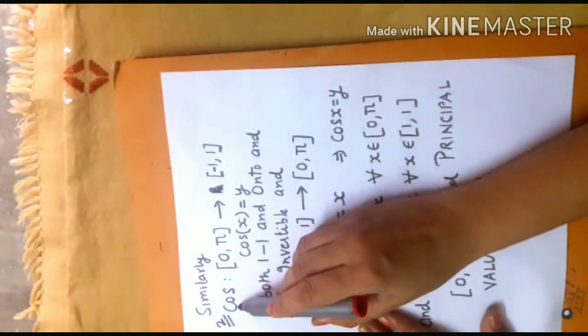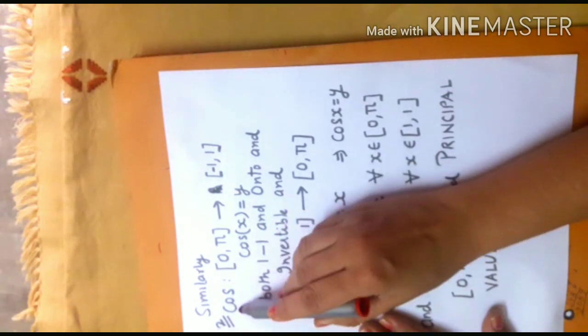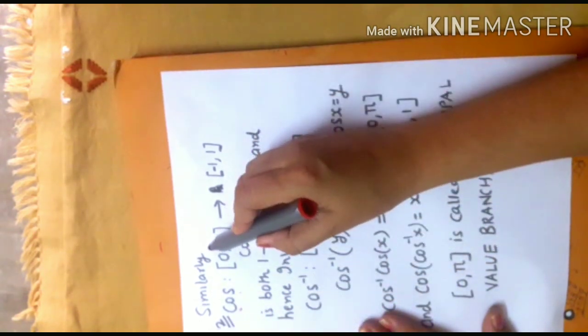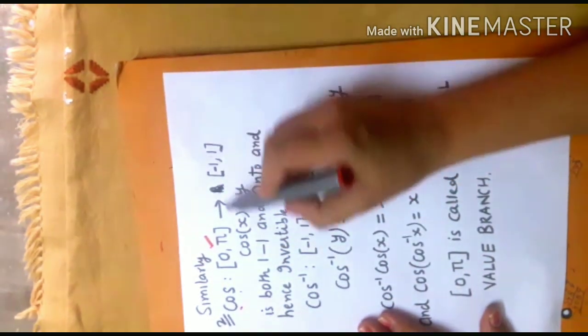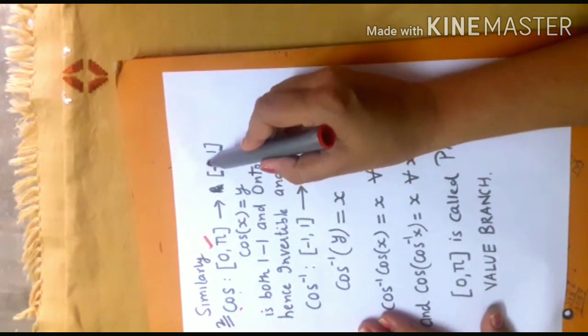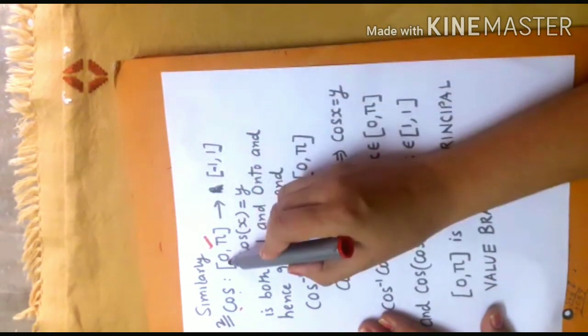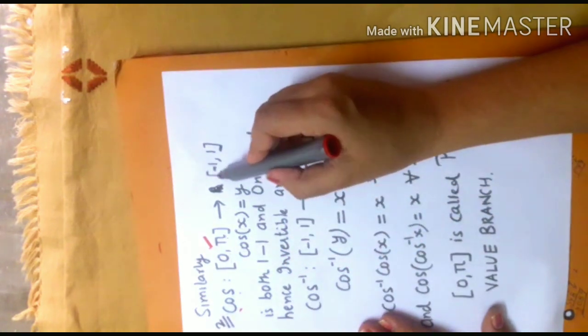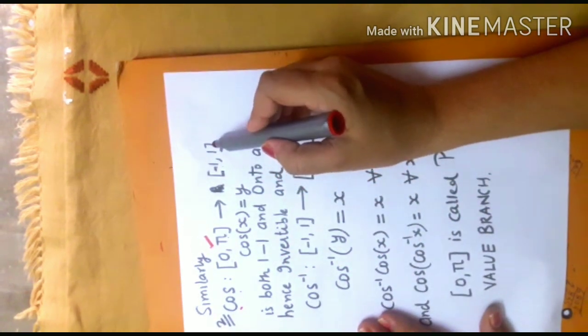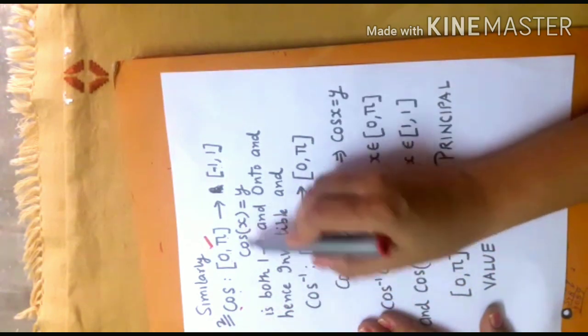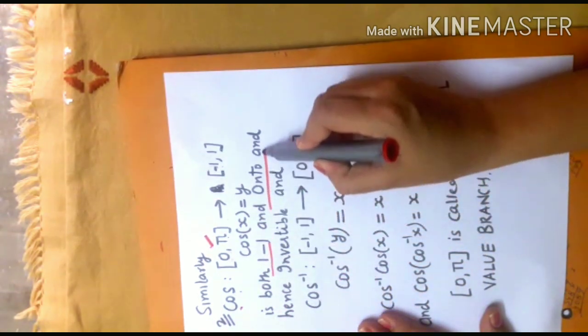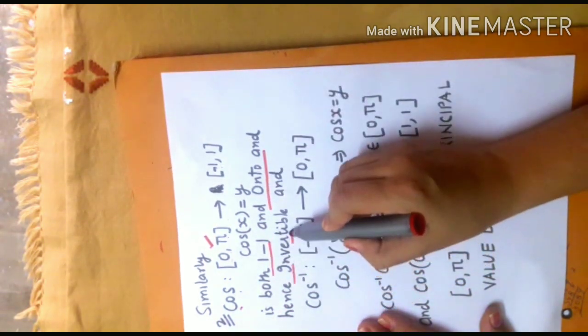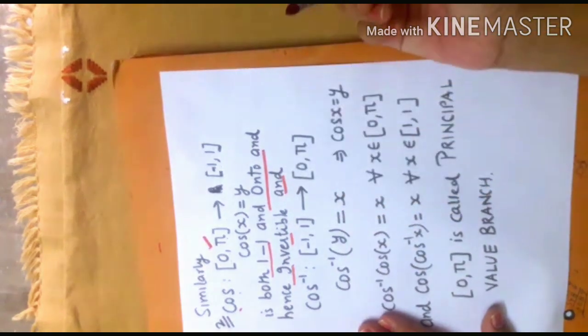So, when I restrict the domain of the cos function to the closed interval 0 to pi, and the codomain is the closed interval -1 to 1, the cos function is now both one-to-one and onto, and therefore it will be invertible.